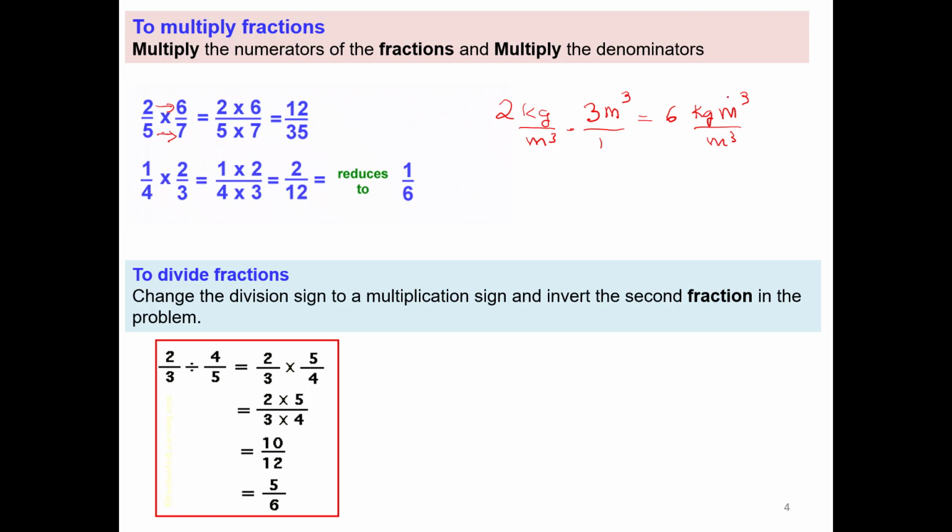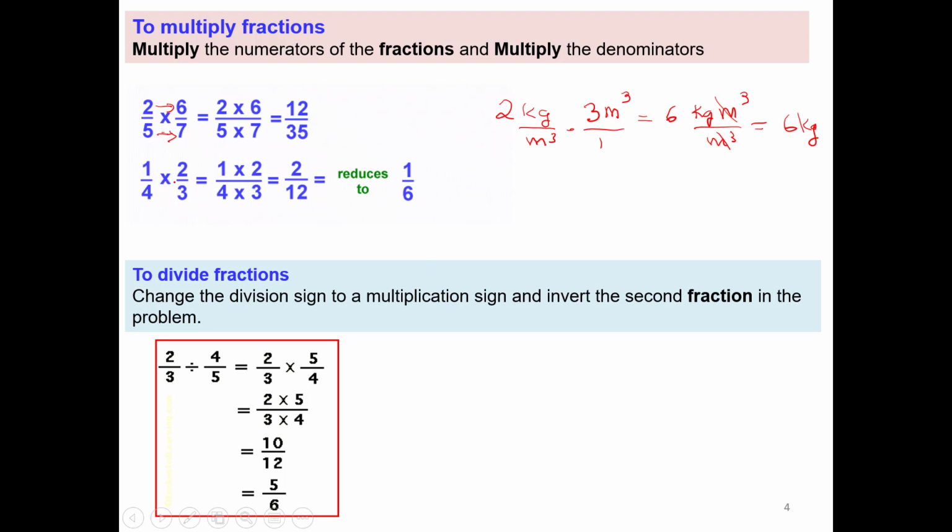Then yes, we can cancel out this, and we have 6 kilograms. Probably later you will just cancel out here and see 2 times 3 is 6 kilograms. But right now let's try to complete all the steps.